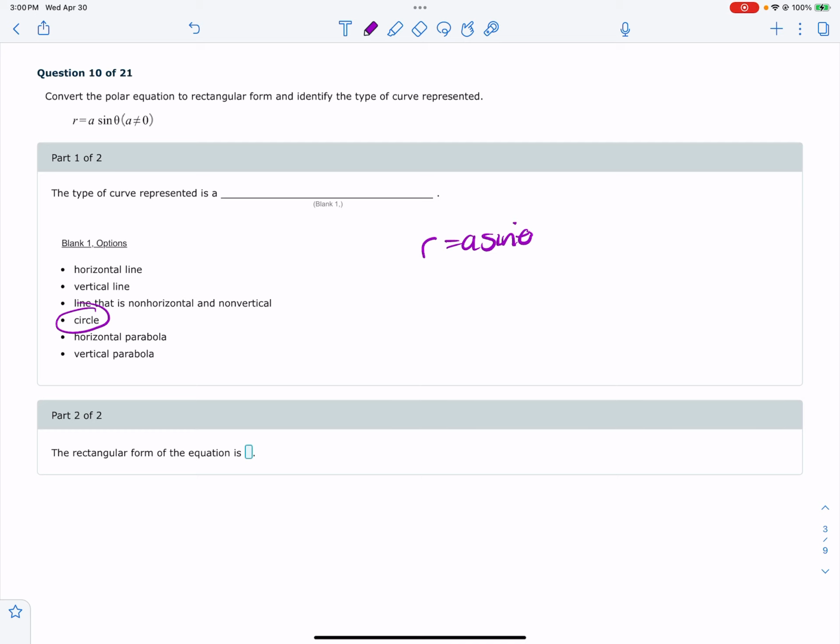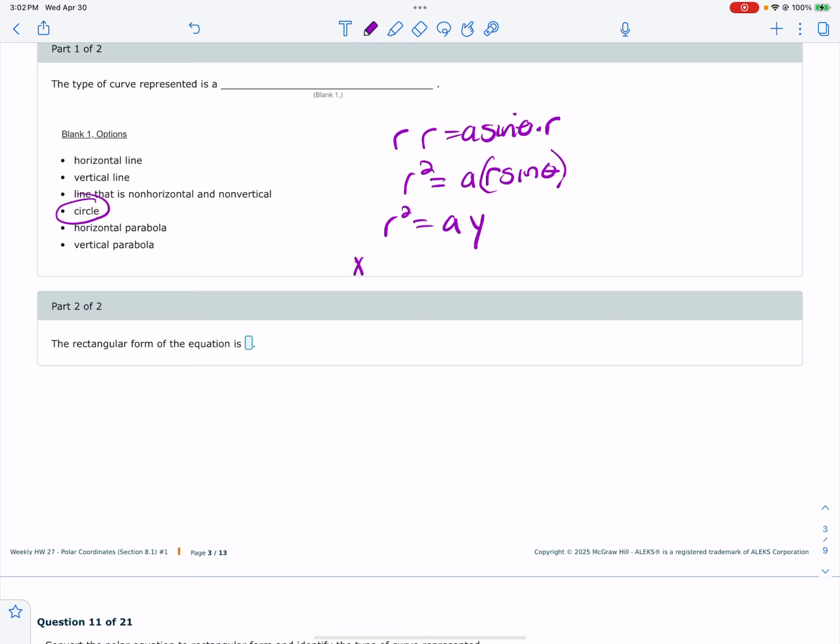So that gives me r squared, the same as squaring both sides on the left side, but on the right side, then I would have a r sine theta. And what is r sine of theta? Well, that would be y. So now I end up with r squared equals ay. And r squared is x squared plus y squared. Okay, so I got that far.